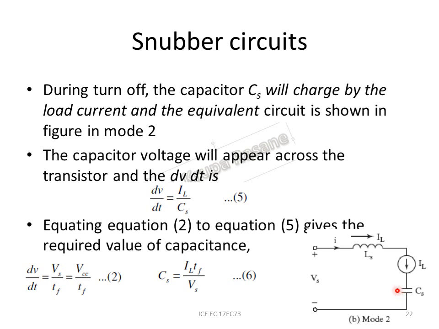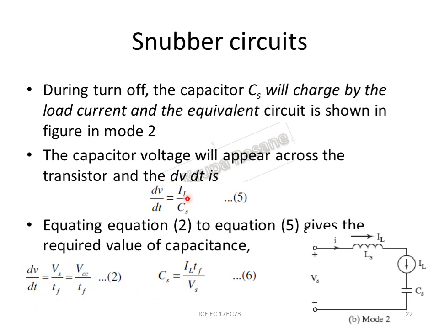So we are using the property of the inductor to reduce di by dt, and the property of the capacitor in parallel with the device to reduce dV by dt. Using equation 2, I had told you dV by dt is Vs upon Tf.